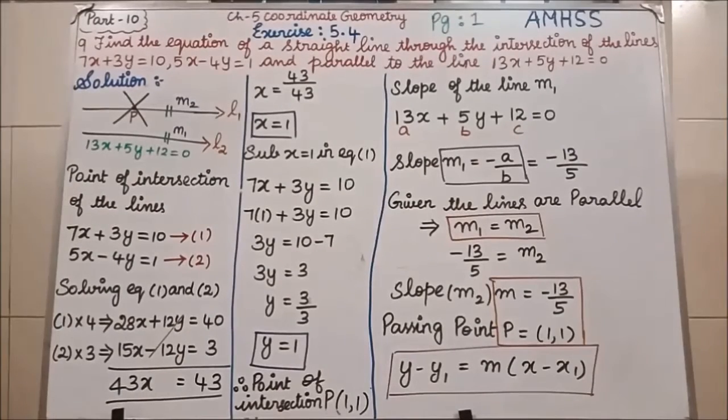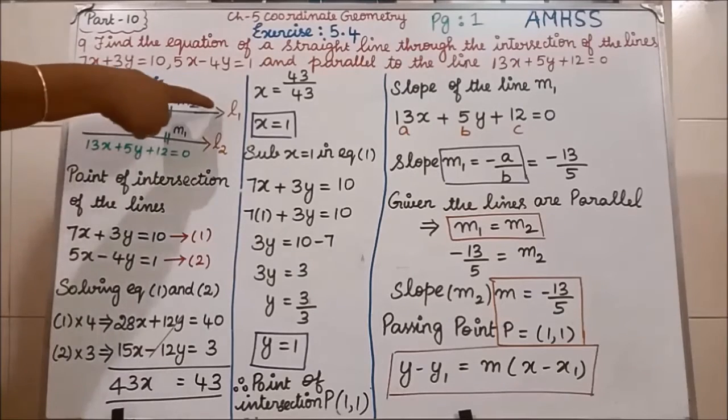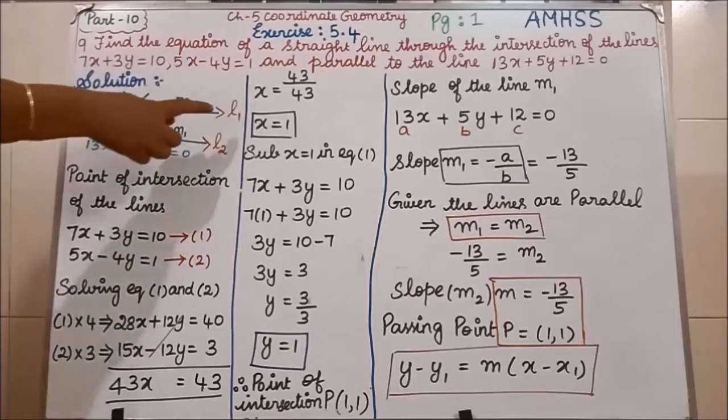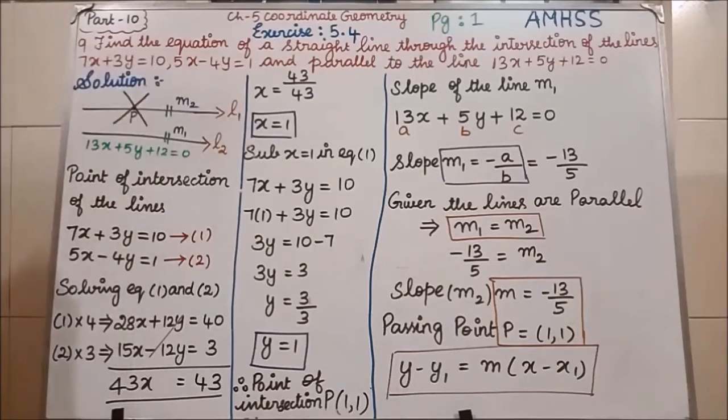So in exercise 5.4, the next problem, the 9th problem, we are going to see. Find the equation of a straight line. See what we are saying? Find the equation of a straight line. This straight line equation we have to find, the L1 equation, through the intersection of the lines 7x plus 3y equal to 10 and 5x minus 4y equal to 1.